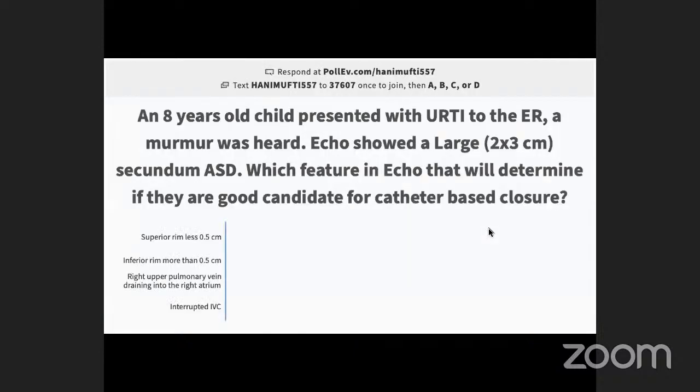Right. The next question. You should change it on your phone. An 8 years old child presented with an upper respiratory tract infection to the ER. A murmur was heard. Echo showed a large 2 by 3 centimeter secundum ASD. Which feature in the echo will determine if they are good candidates for catheter-based closure?